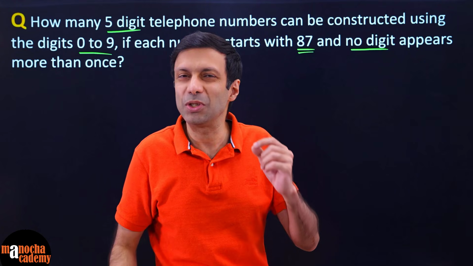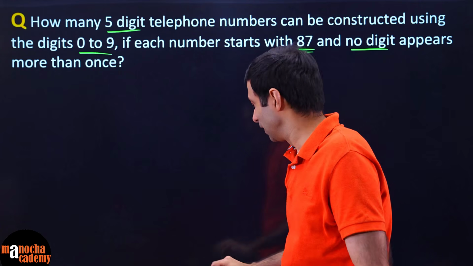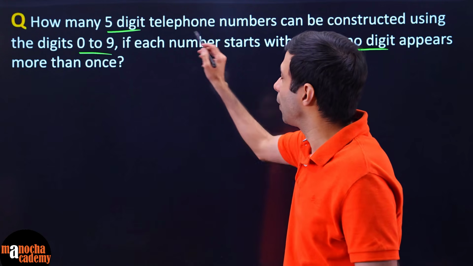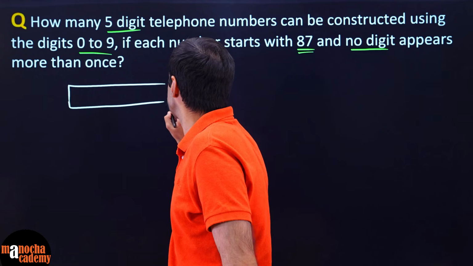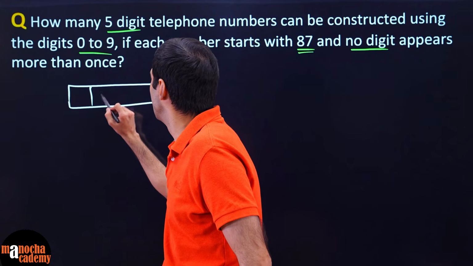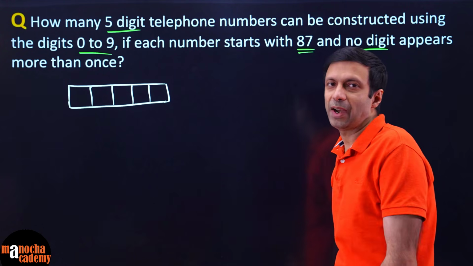So once again, use that box method, because remember, it is all about filling up the boxes. So if we represent our 5-digit number as 5 empty boxes here, this box method is super useful. 1, 2, 3, 4, 5. So that is your 5-digit number.